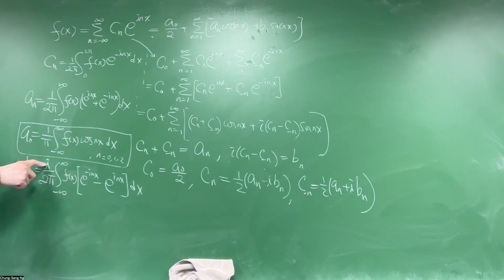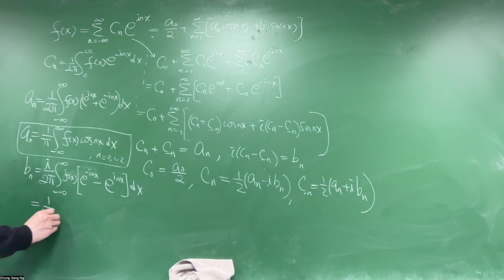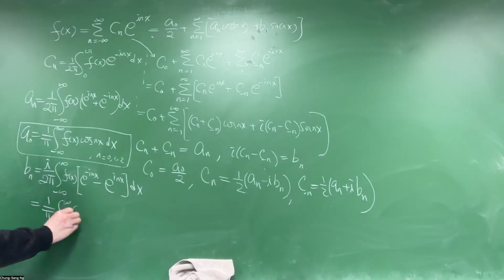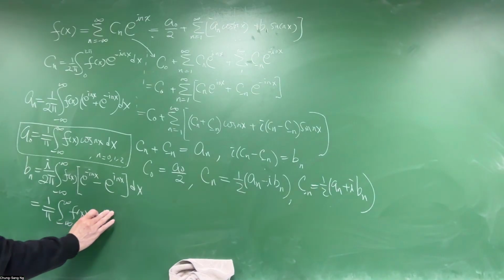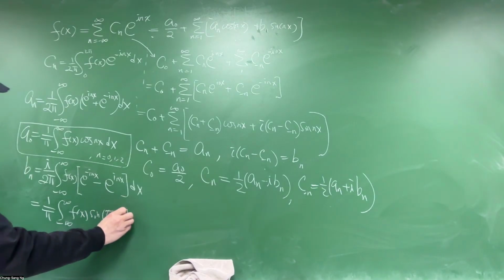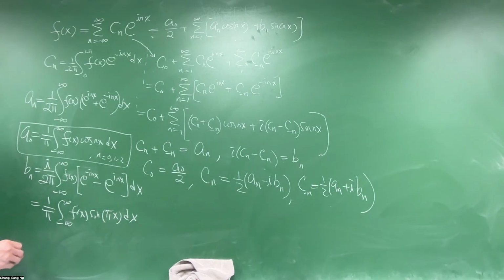You can change i to the denominator, introduce a negative sign to flip the order, and that becomes sine.